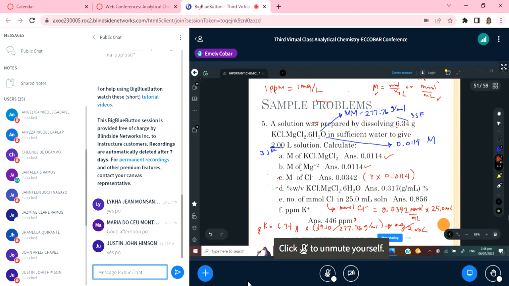We call this double salt. Okay? It's a salt, kaya lang, dalawang salt ang combined. Potassium chloride, magnesium chloride, tapos hydrated pa. There are 6 water molecules in the formula of this double salt or mixed salt.